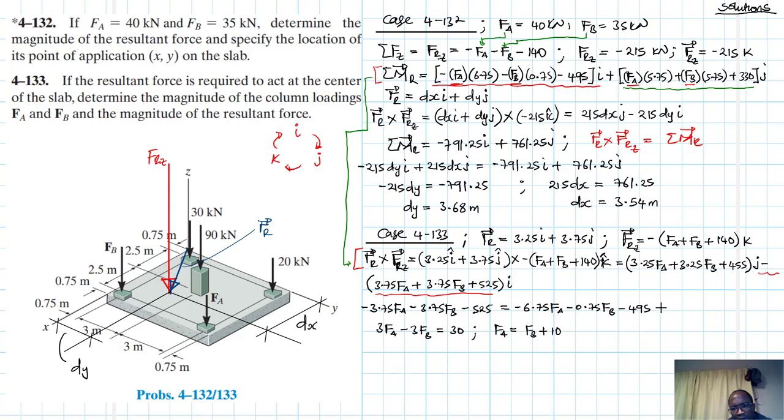Then the second equation, this is our first equation. Second equation is in green, with this part here, of course, and this part there.